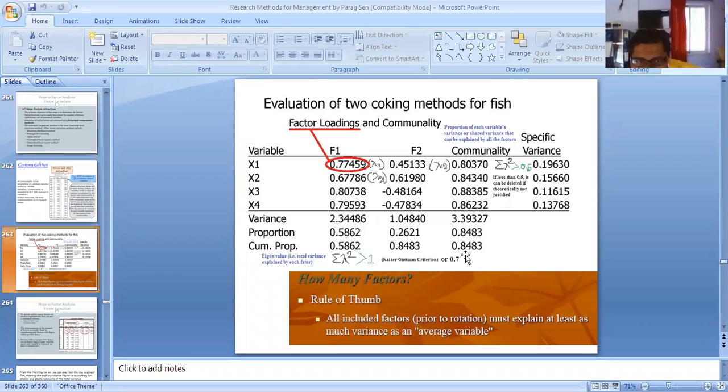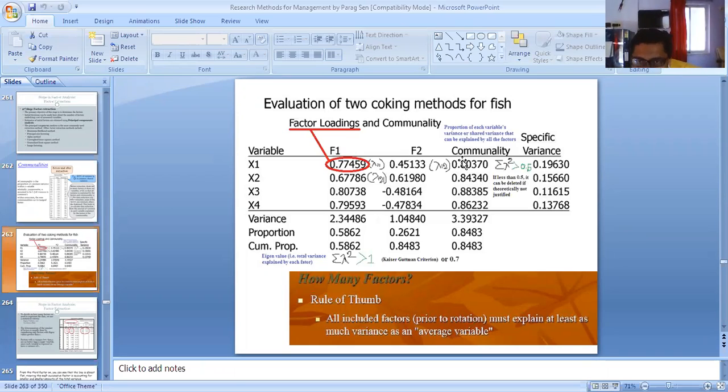That means the variance of the x1 variable, there is 100% variance of the x1 variable. So out of this total of 100%, 80% of the variance of the x1 variable can be explained by factors f1 and f2, or if there are more factors, by all the factors.